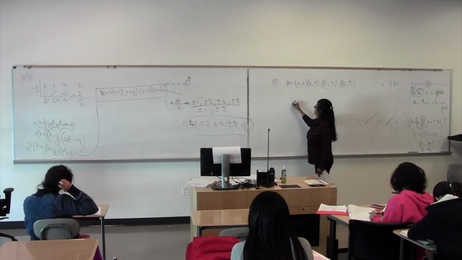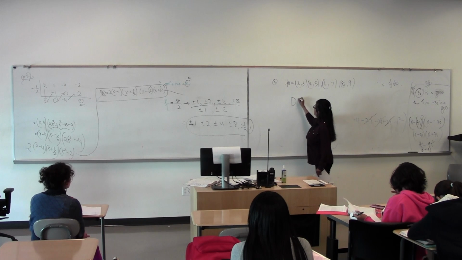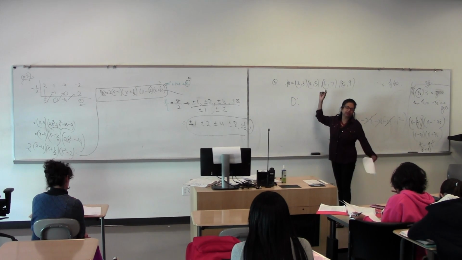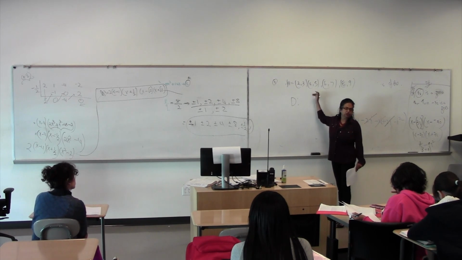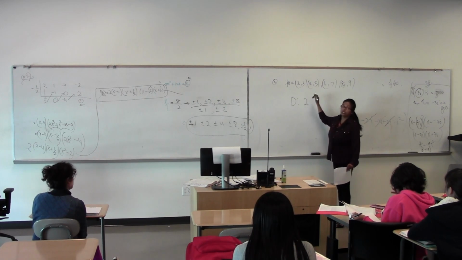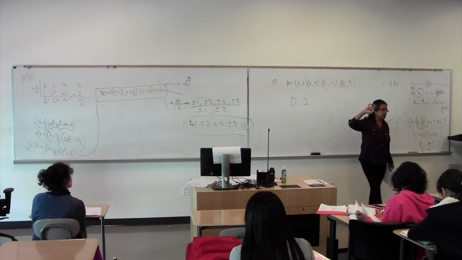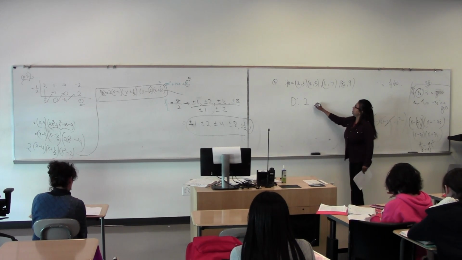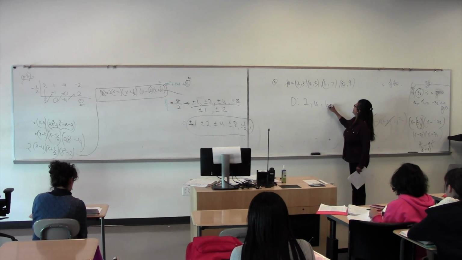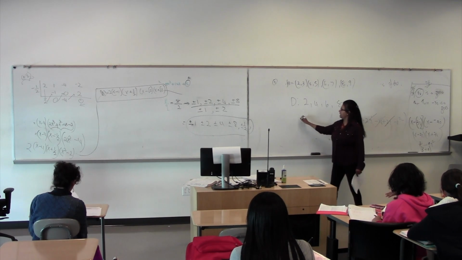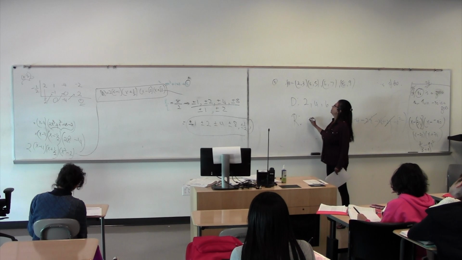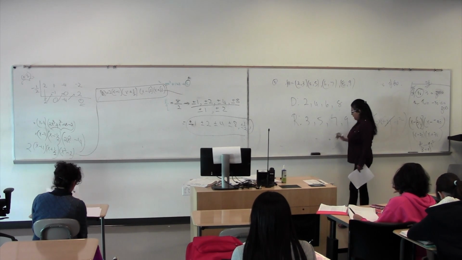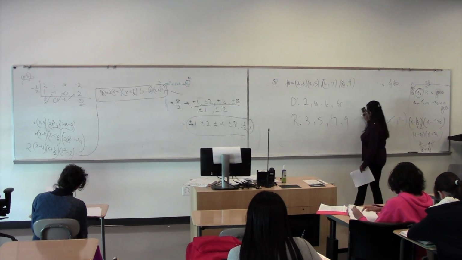What's the domain of this function? If you have all ordered pairs, I'm just reminding you of something. In this case, the domain is 2, 4, 6, and 8. What's the range here? 3, 5, 7, and 9. So we know the domain and range.